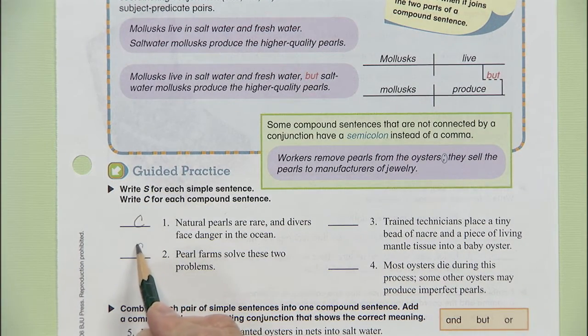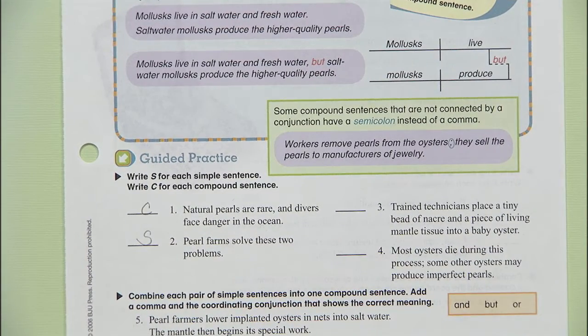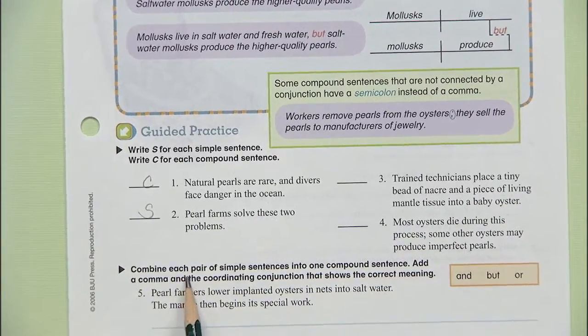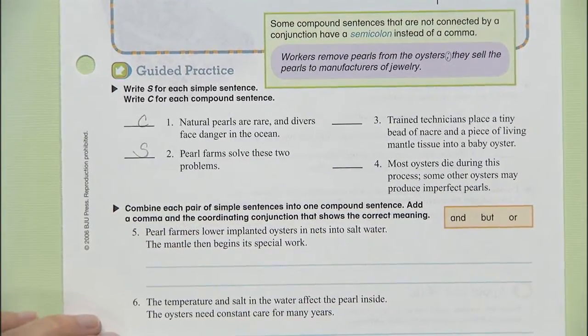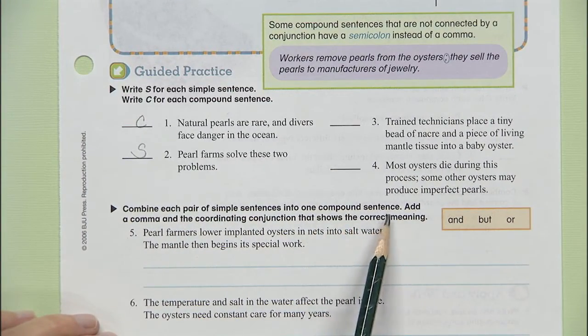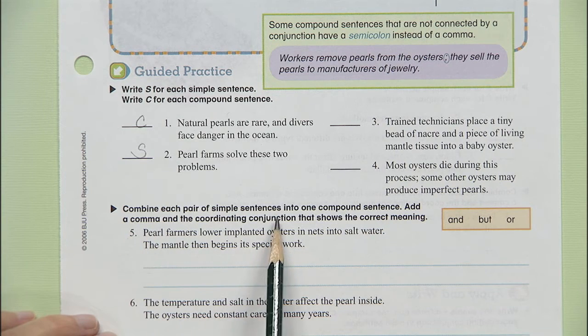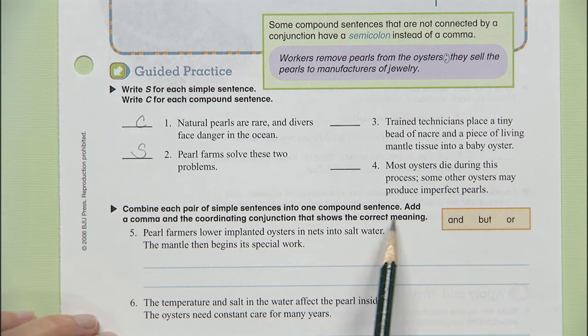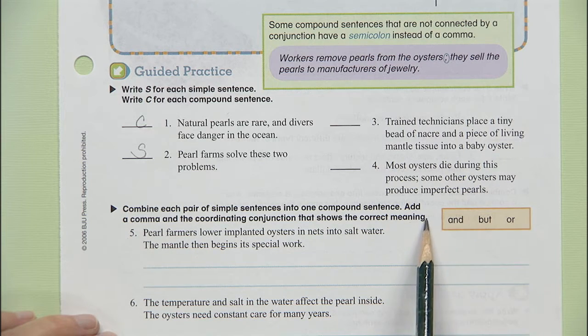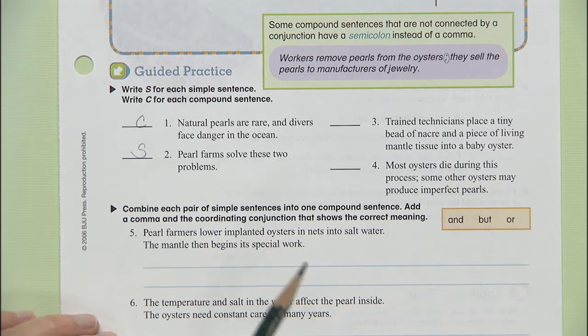No, it is simple. And for number 5 and number 6, you're going to combine the pairs of simple sentences into one compound sentence, add a comma and a coordinating conjunction that shows the correct meaning. Remember, we talked about the meaning of each one of these coordinating conjunctions.